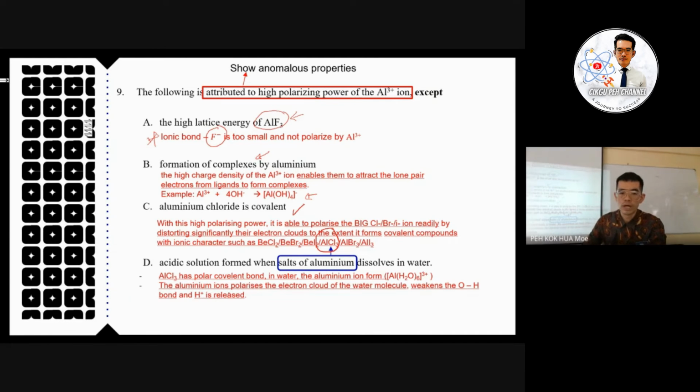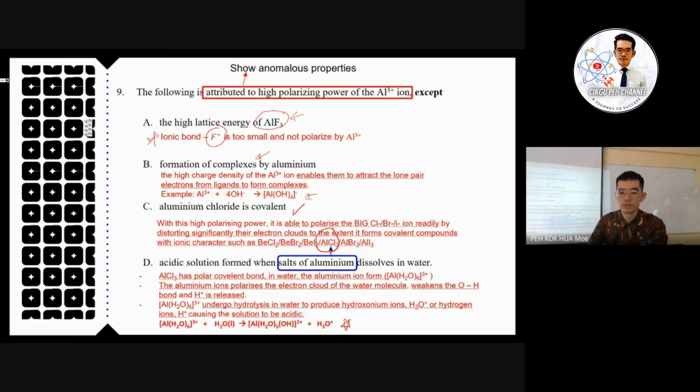Okay, so aluminium ion will polarize the electron cloud of the water molecule and weaken the OH bond. So the H will be positive. So H+ will be released, and the reaction will be this. Okay, so the hydronium ion will be formed and cause the solution to become acidic.